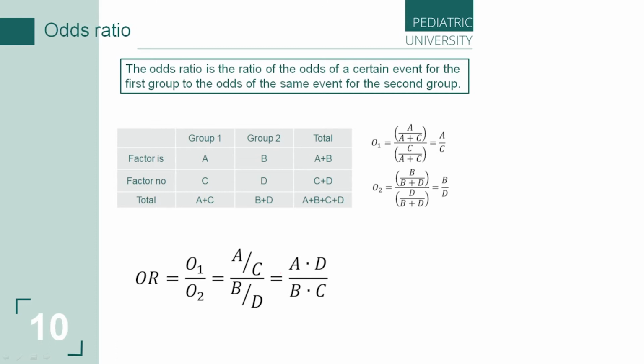This is a ratio of the odds of a certain event for the first group to the odds of the same event for the second group. The formula on the right: O1 for the first group and O2 for the second group. The odds ratio is O1 divided by O2.